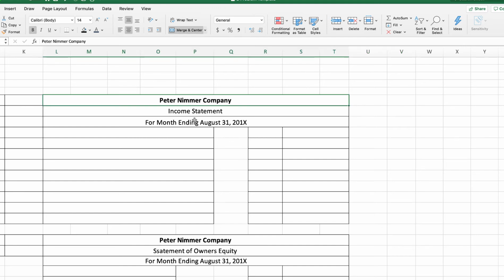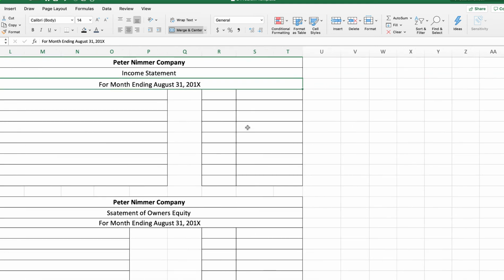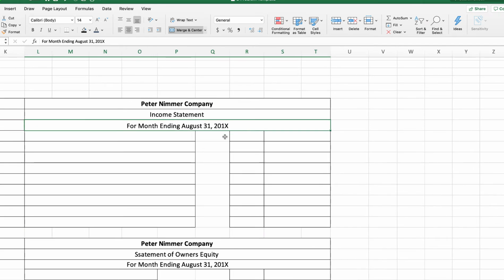We have the company name, the name of the statement, which is an income statement, and the period ending August 31st, 2001X. It should be 2017, but I didn't want to put the exact year in because I might throw you off. The takeaway here is that the income statement covers a period of time. In this case it covers the month of August.